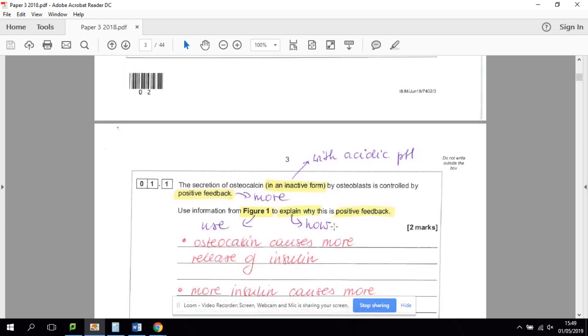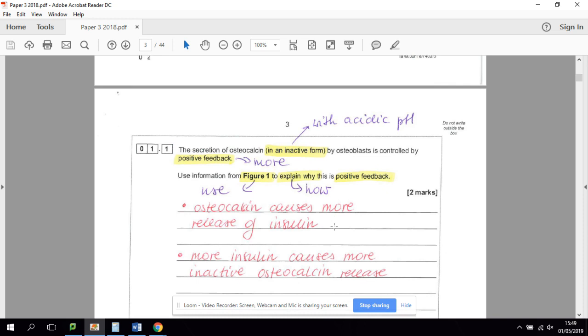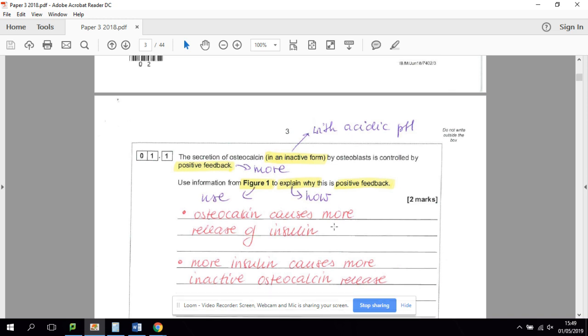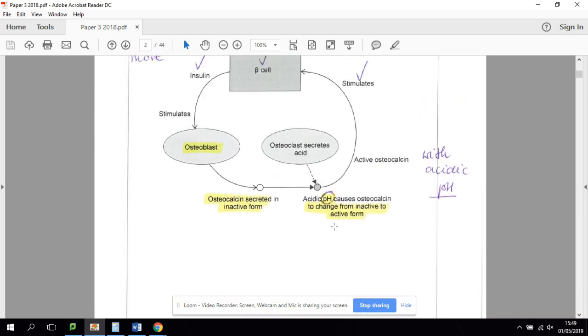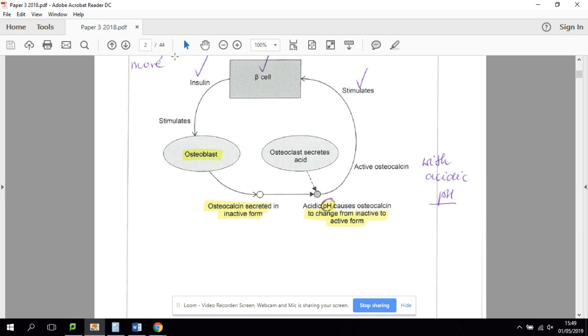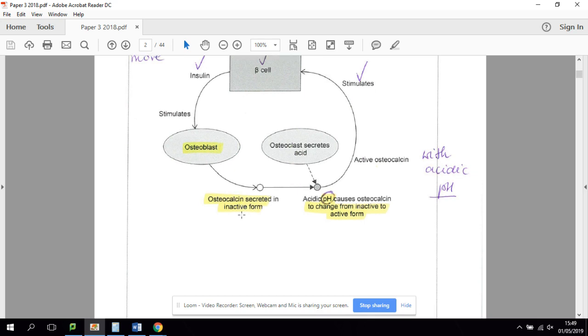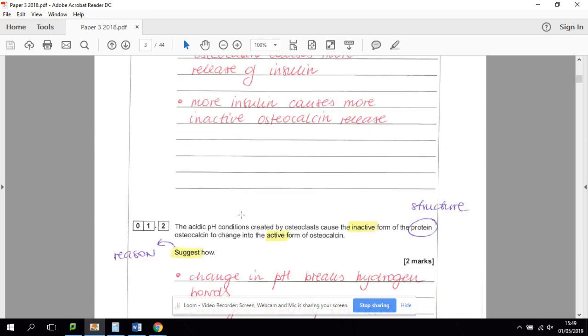So what we could see, and what we've seen a few seconds ago, is that the osteocalcin causes more release of insulin, so this approach of more for positive feedback. So more insulin causes more inactive osteocalcin release. So can we see this? Right? More insulin stimulates production of more inactive form. Lovely. So that's done. So we're looking at the next question.